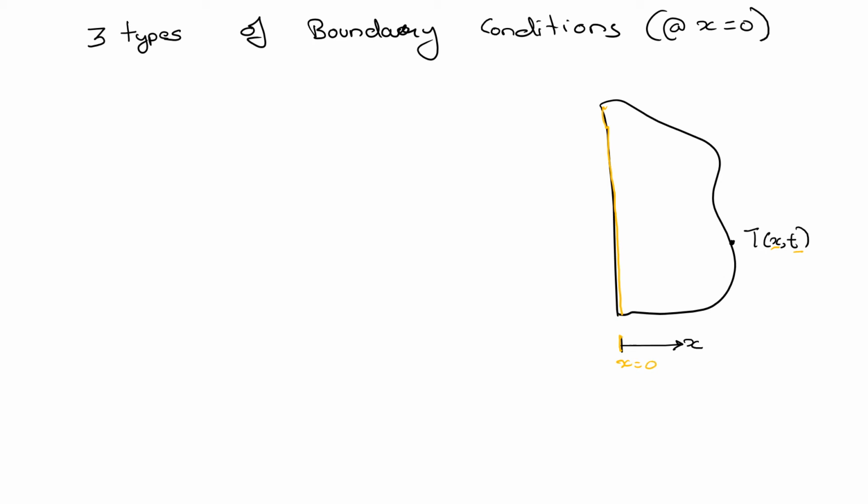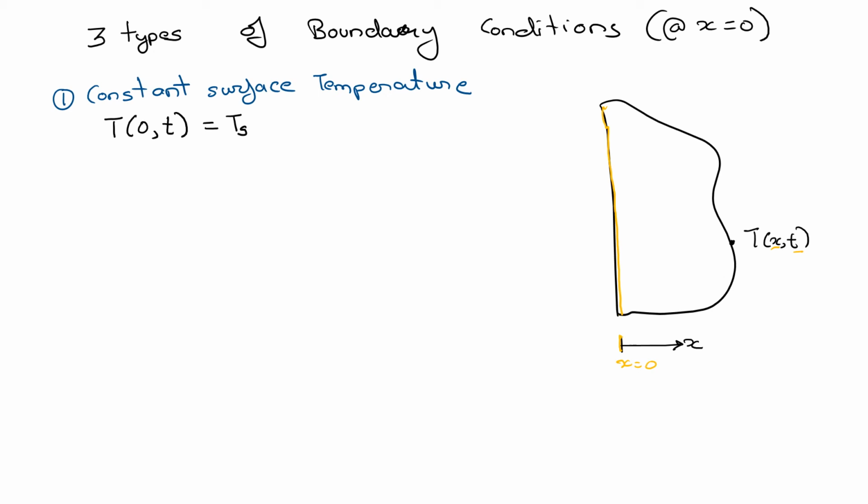Let's see what our first boundary condition is. Our first boundary condition is the constant surface temperature boundary condition. You will write this as T of 0, that is x equal to 0, at any instant in time, is equal to a constant surface temperature which is known. So this quantity here is known.